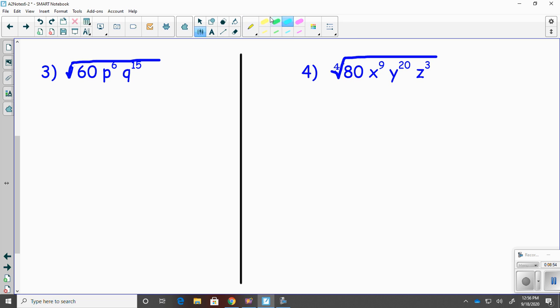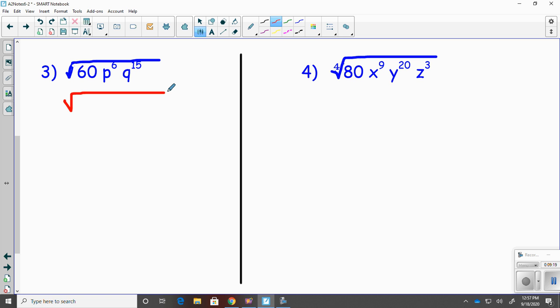You can see that because there's not a number here. So our brains switch back to perfect squares, 4, 9, 16, 25, and so on. Is 60 a perfect square is the question you ask yourself, and the answer to that is no. You then try to find the highest perfect square that will divide into 60.